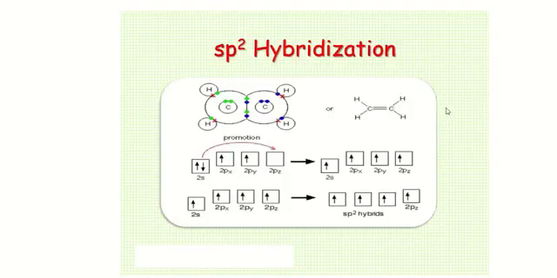Now sp2 hybridization. sp2 hybridization is a type of hybridization in which one s orbital and two p orbitals combine and they form three sp2 hybridized orbitals.